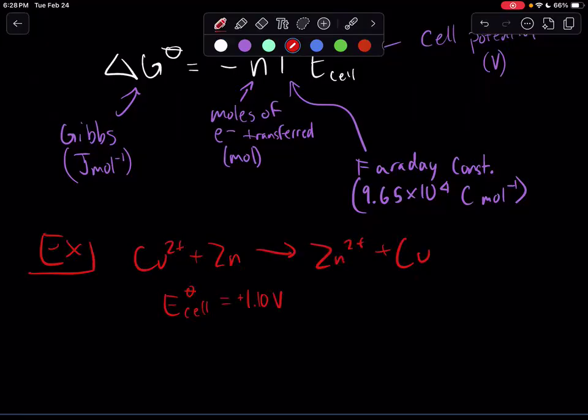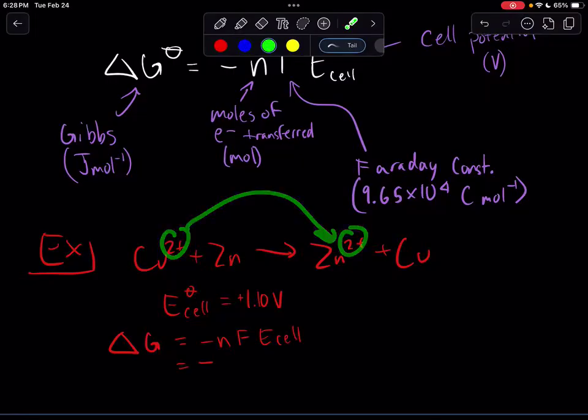But how do we calculate the delta G? Well, delta G is going to be equal to negative N F E cell. And so we just get to plug in these values. Now, I notice that we have 2 electrons moving. And this is, again, a mole ratio.